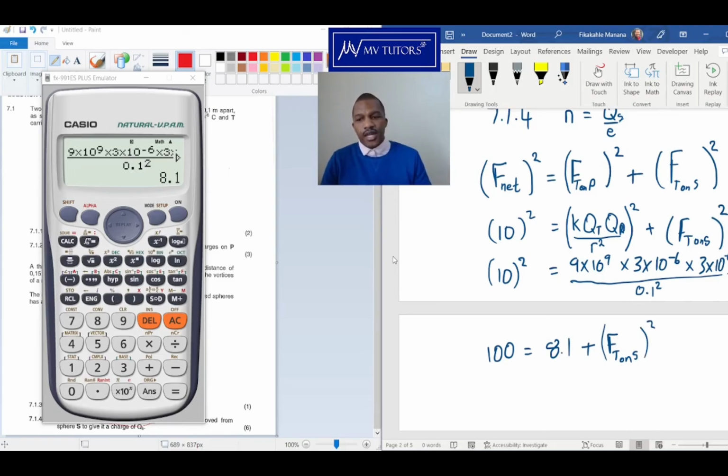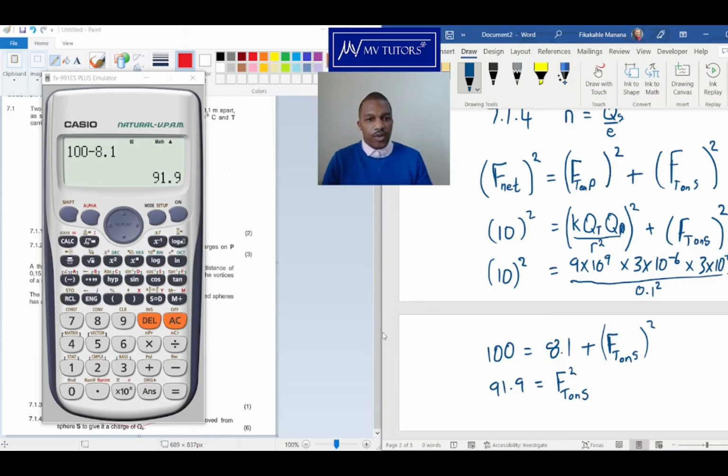Okay, and then now all we have to do is simply bring this side: 100 minus 8.1, that's going to be 91.9 equals F of T on S squared.